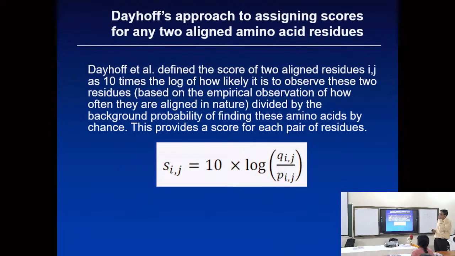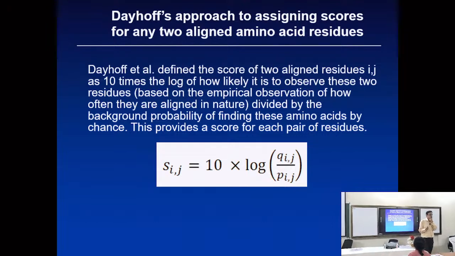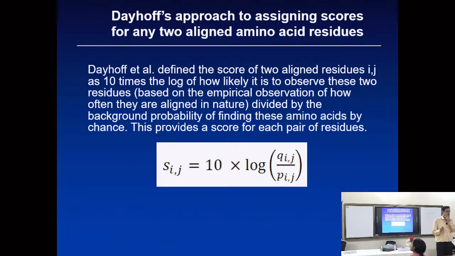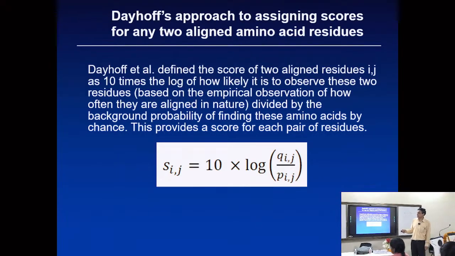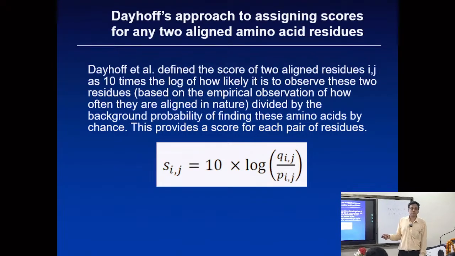Okay, so here is the score that we discussed, and you wanted to know how those values have been derived. Those score values for two aligned residues were obtained from this formula.